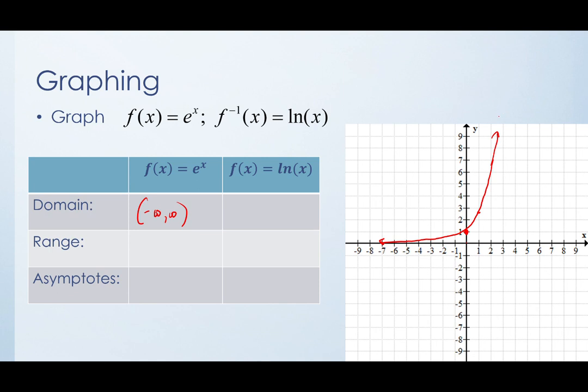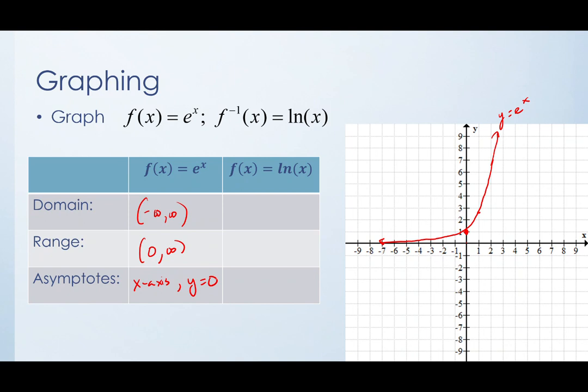Right, so there's our y equals e to the x. We know that it has a range from 0 to infinity, and we know it has an asymptote that is the x-axis, i.e. y equals 0.